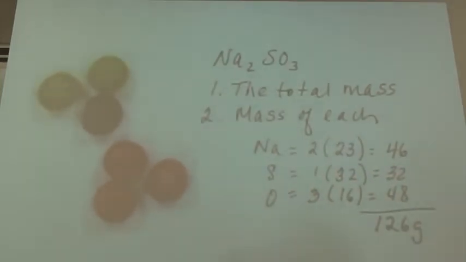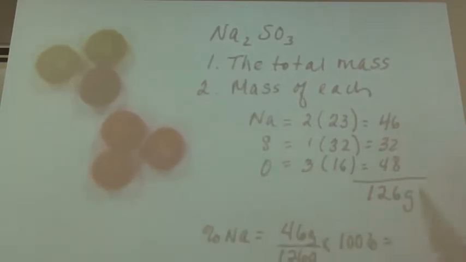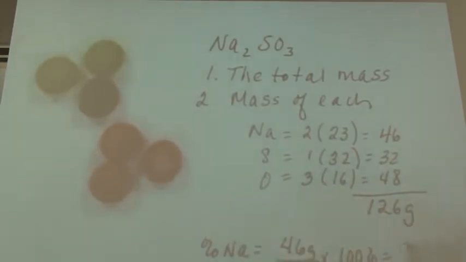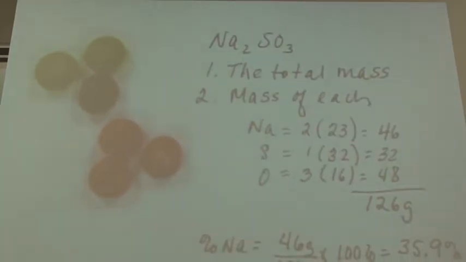Now, the percent by mass of sodium would be 46 grams divided by 126 grams times 100%, which is 35.9%. The percent by mass of sulfur, is it going to be more or less?